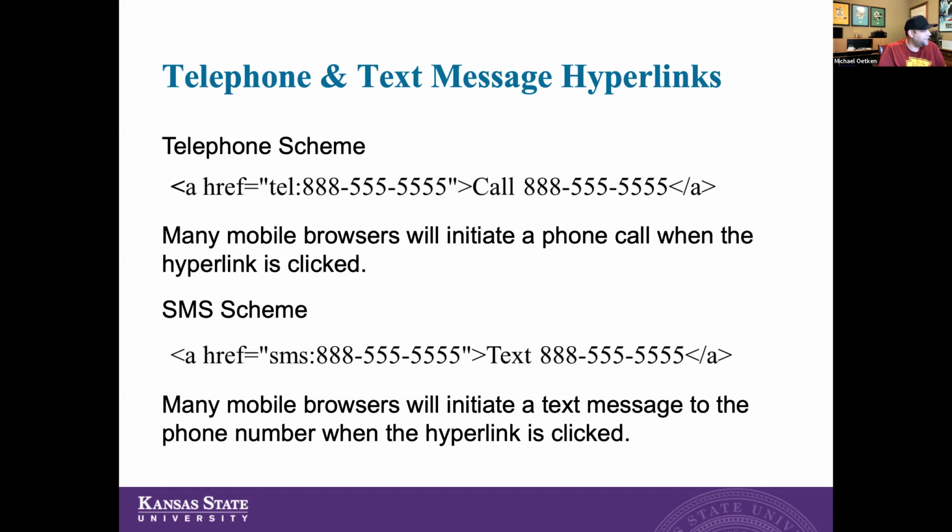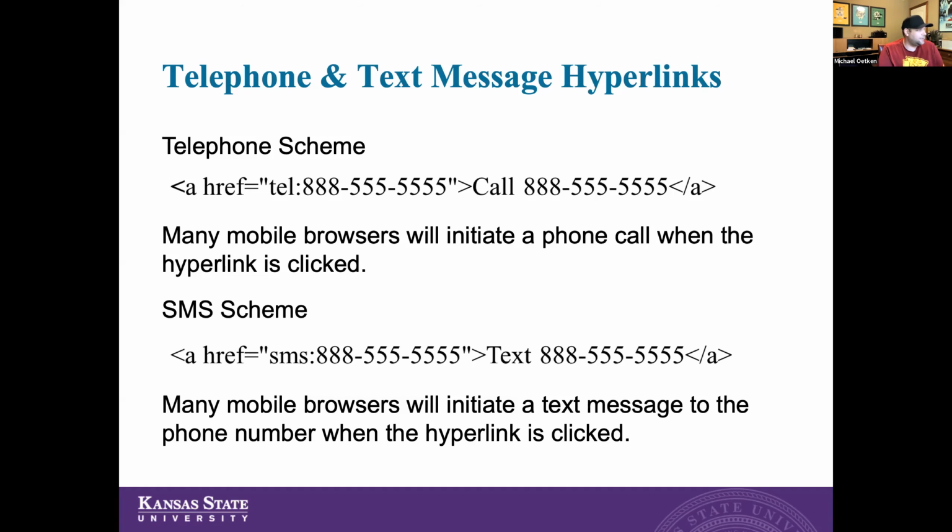So we have our a href. The first one here is if we wanted to open up the phone app. The link that we use there, we do tel: and then the phone number. Then we have the text that's going to load up in the mobile browser. It says call 888-555.